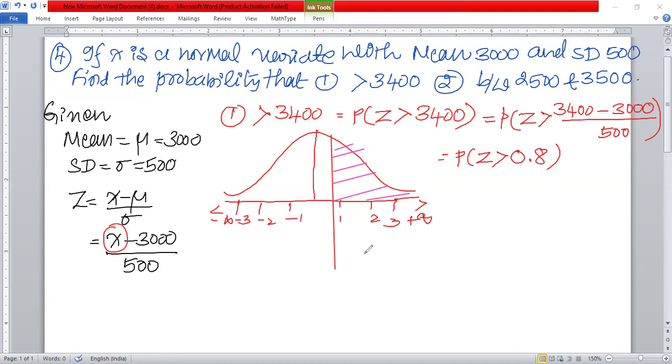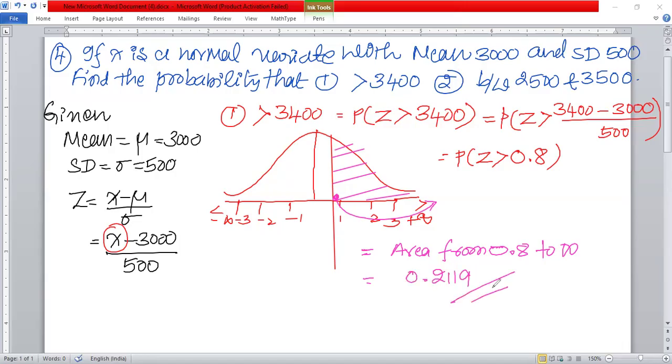Now you're able to write the table value: area from 0.8 to infinity. So 0.8 is 0.2119.